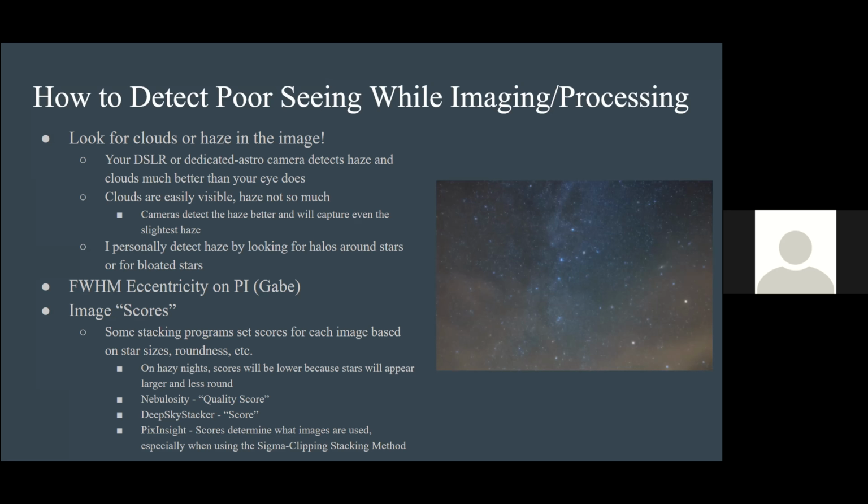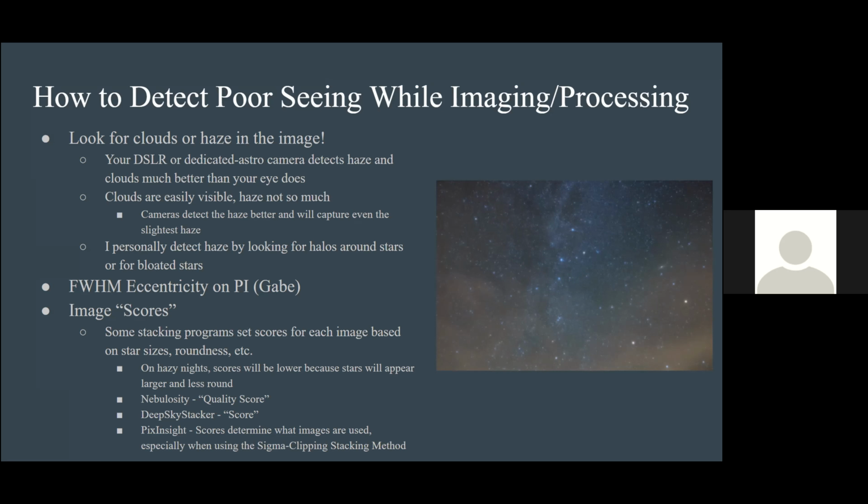I remember when I was in Bayfield, and it's a Bortle 2, so the clouds were dark blobs, and I didn't even notice them until I looked up in the sky. I didn't even notice the haze in the image until later on, after I had already taken the image.